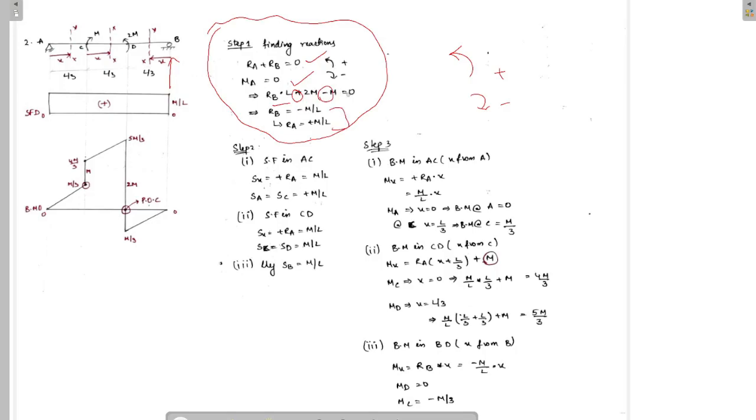By solving this equation, I will get RB as minus m by L and RA as plus m by L. That means RB is this way and RA is this way, plus m by L. So now we have to draw the shear force diagram for this. See, in this case there are no vertical forces acting on the beam. There are only two reactive forces which are acting.